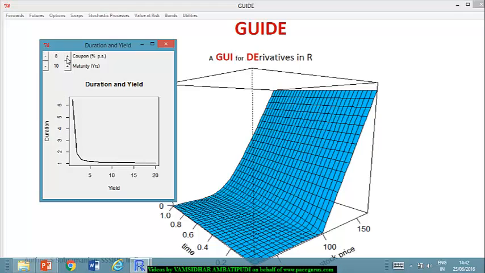But if the coupon is increasing, the duration is coming down. Similarly, if the maturity is increasing, the duration is going down. If the maturity is decreasing, you see that the duration is going up. This is the kind of relationship we could see with respect to duration and the yield.